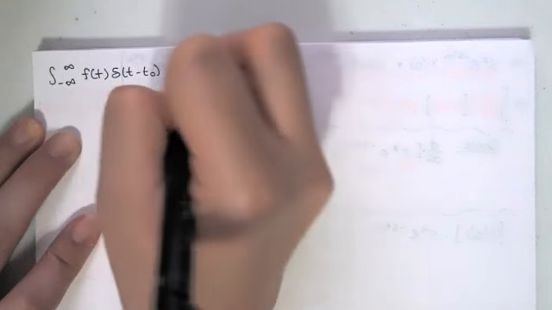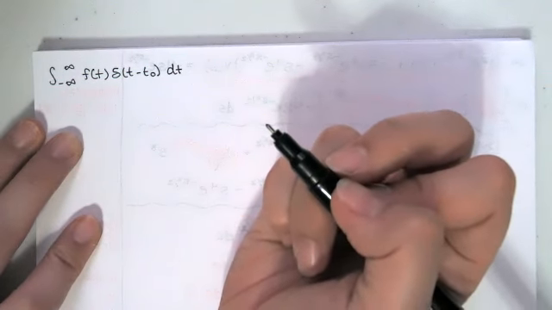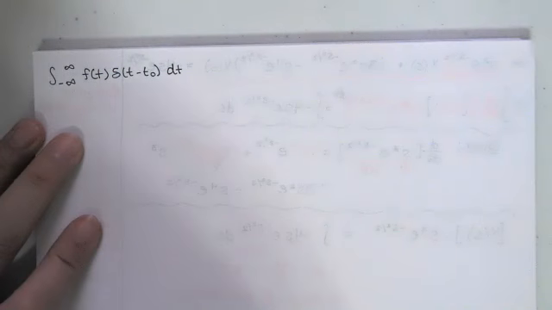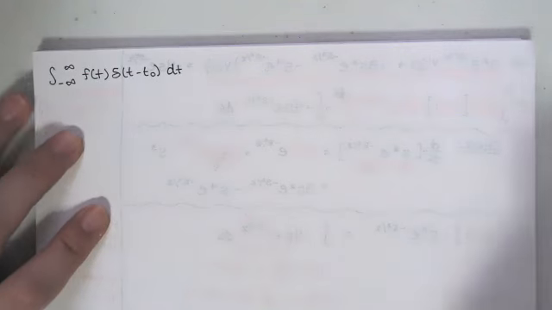Well, let's think about how that would work if we took our Dirac delta function and multiplied it by f of t. Now, this is not really a proof. This is sort of proofy. It just suggests that some of these facts that I'm going to give you are true. In order to prove everything, we'd probably need a little bit more background.